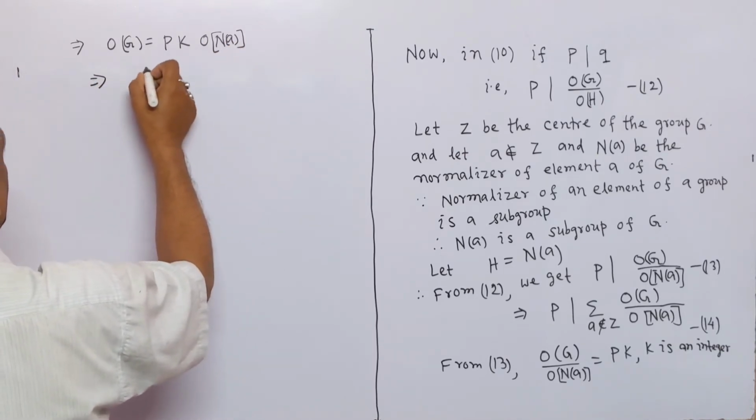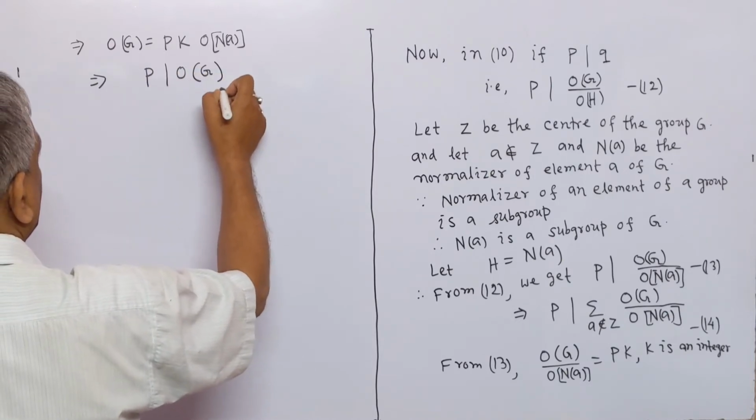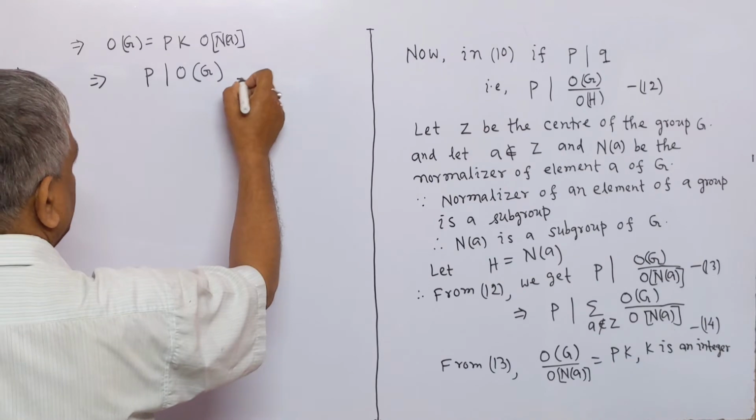This implies that P divides order of G. Let this be number 15.